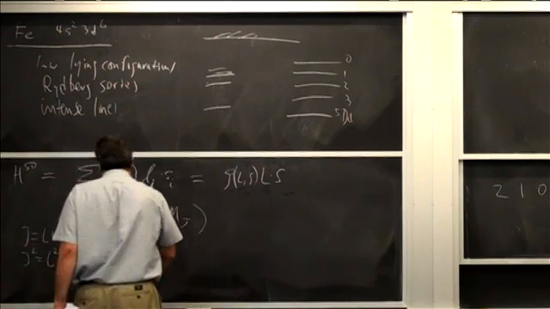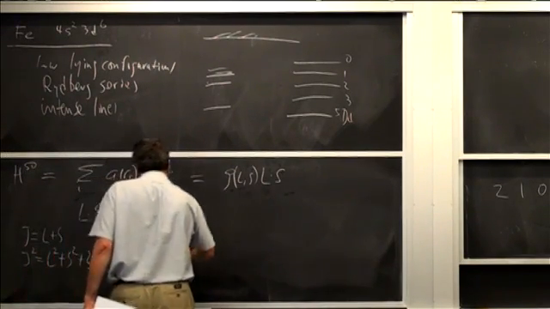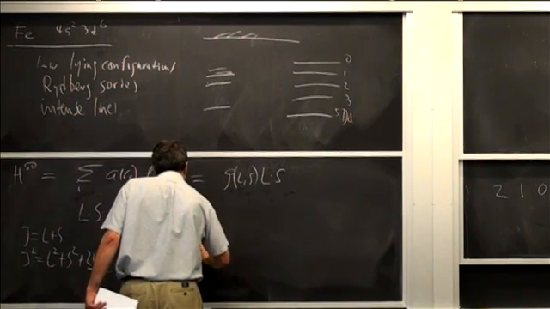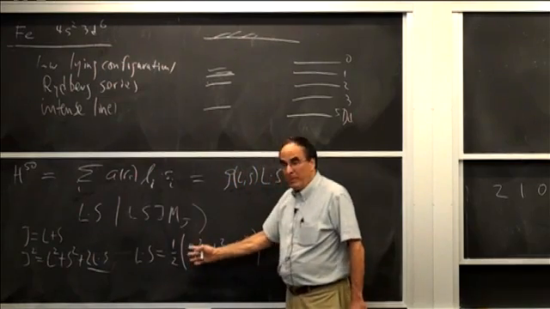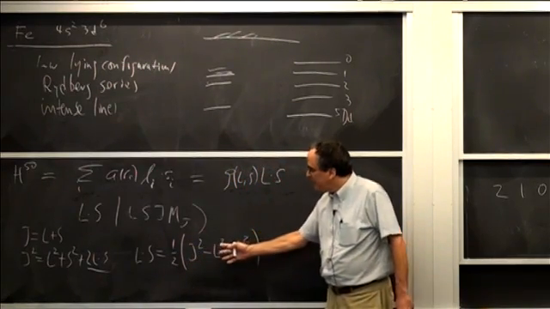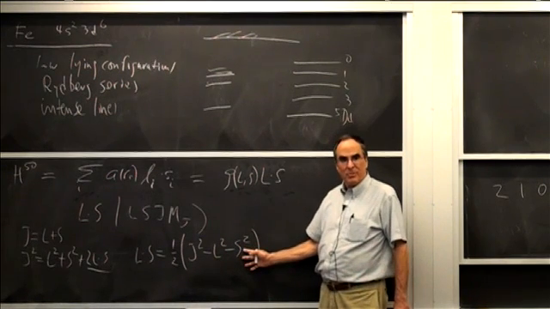So L dot S is just 1/2 J squared minus L squared minus S squared. So it's going to be J(J+1) minus L(L+1) minus S(S+1).